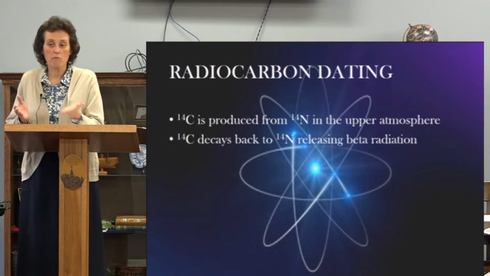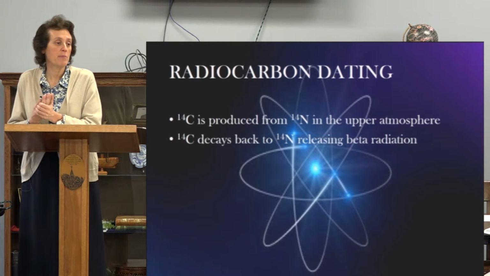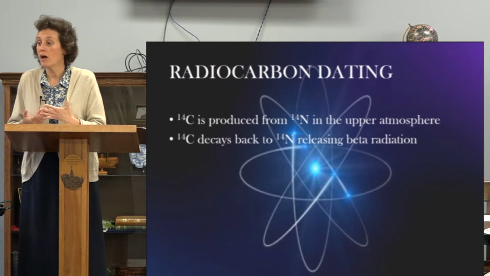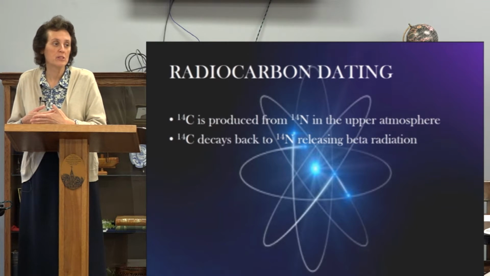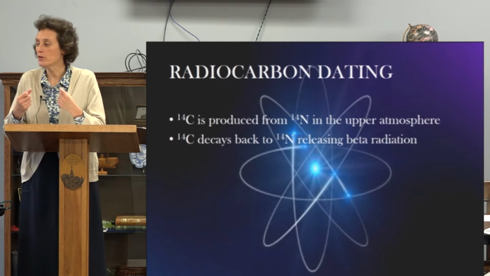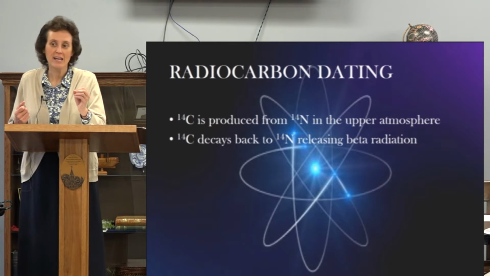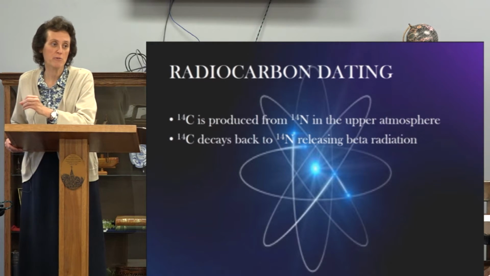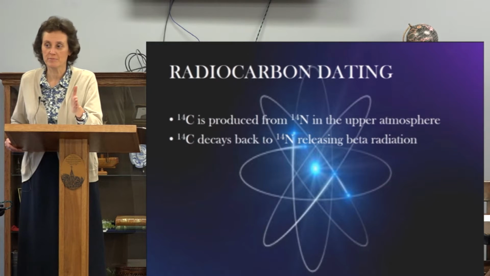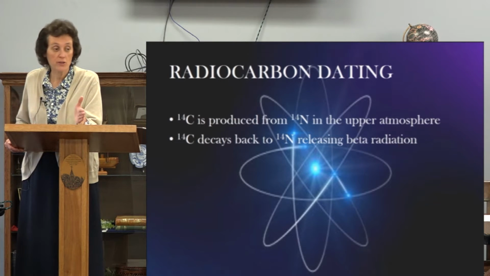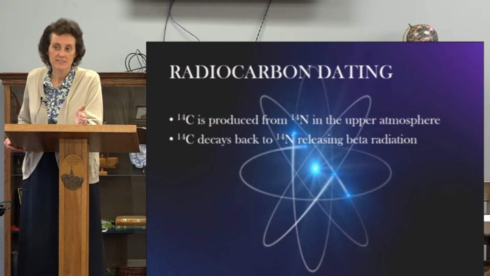That ratio of carbon-14 to carbon-12 is theoretically stable while the animal is living. But when the animal dies, guess what? No more new carbon-14 is incorporated, so we have time 0, and we can extrapolate backwards to when that organism died. That's radiocarbon dating. There's some big leaps of faith in there, isn't there?